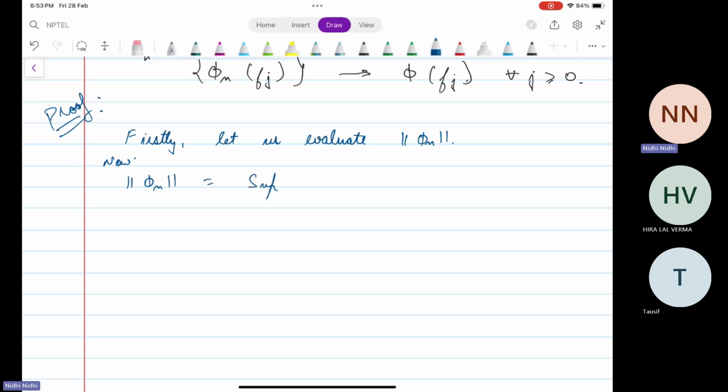So this is defined as supremum of mod phi_n(f) by the sup norm of f for every f in C[0,1] minus 0.